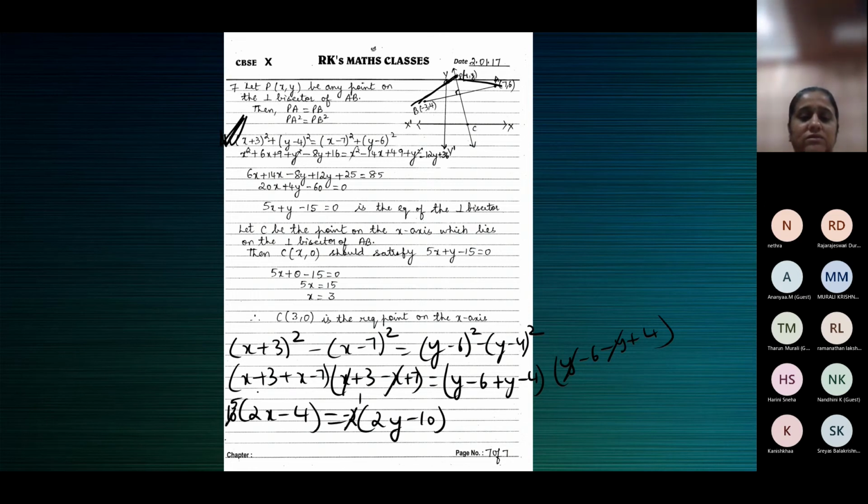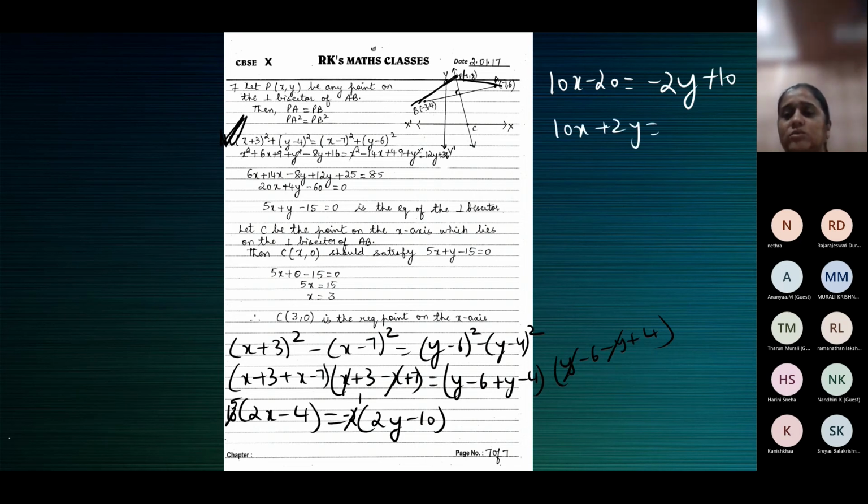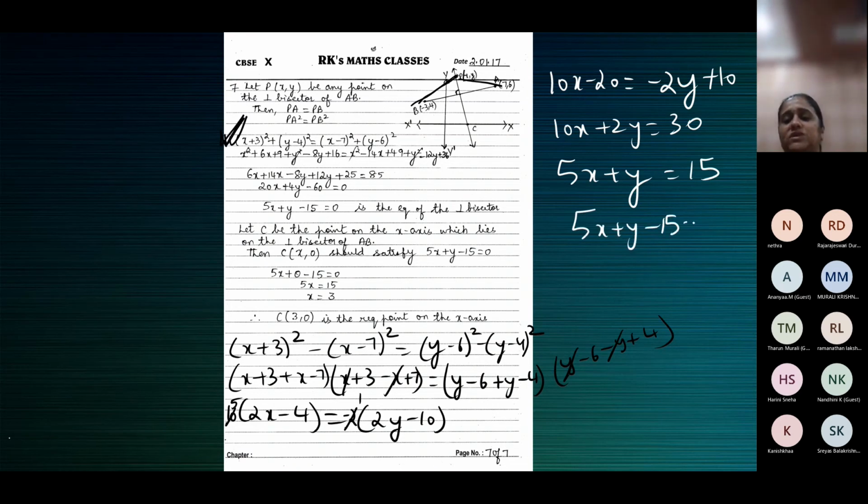When you work this, you get 10x minus 20 is equal to minus 2y, because there's a minus outside, minus 2y plus 10. So 10x plus 2y is equal to, transposing, 30. Divide by 2 throughout: 5x plus y is equal to 15. So 5x plus y minus 15 is equal to 0.